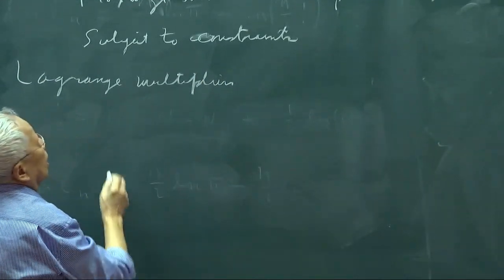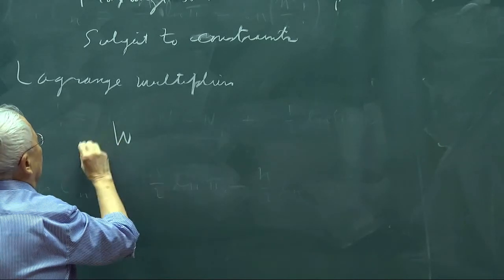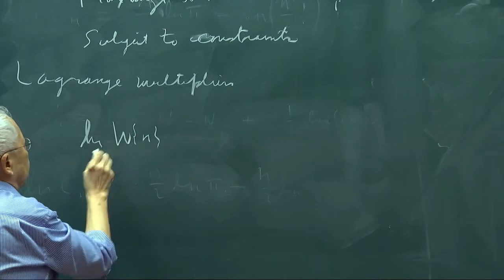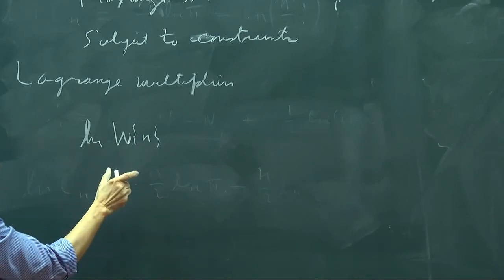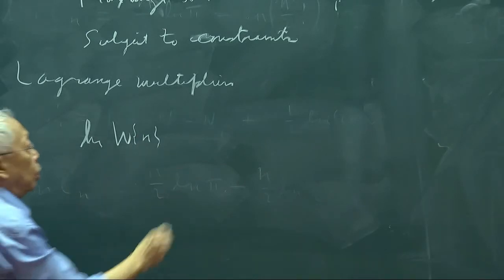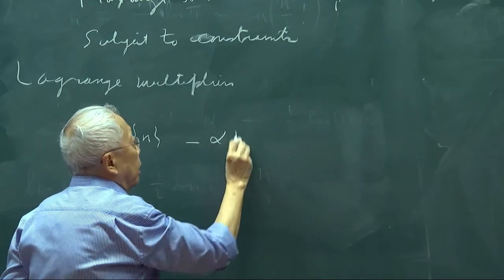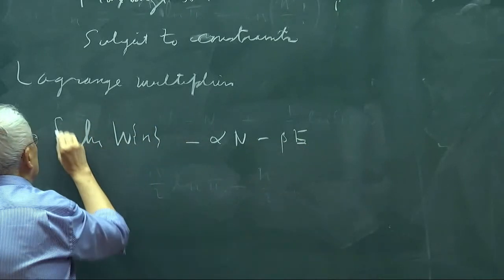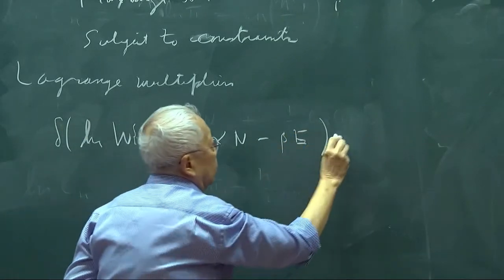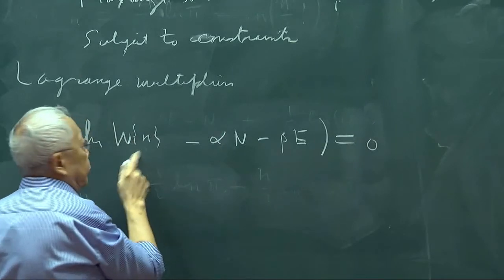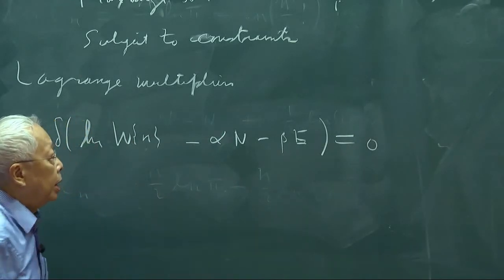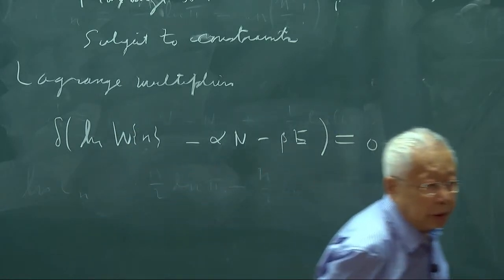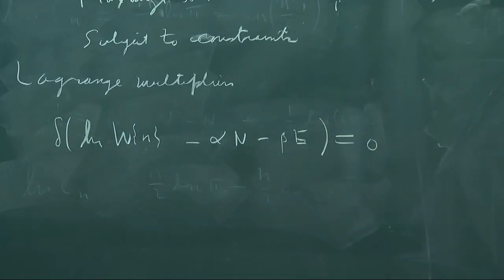That is, you take log W_n, and instead of varying this equal to 0 to get a maximum, you append alpha times (N minus the sum of N_i) and beta times (E minus the sum of N_i epsilon_i). These are the constraints. And you say this variation is equal to 0 by varying each N_i independently. Then later you determine these alpha and beta at the end in order to satisfy the constraints. And those alpha and beta are called Lagrange multipliers.